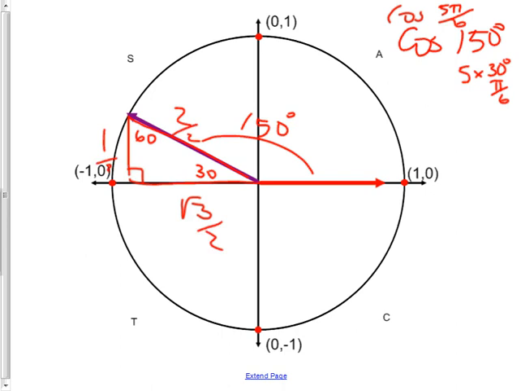And now, what's so easy to forget that I have wrong right now? Negative. This is a negative number because it's going to the left. So this spot right here is what, comma, what? Negative root 3 over 2, comma, 1/2.